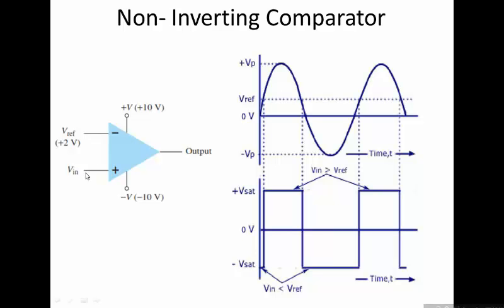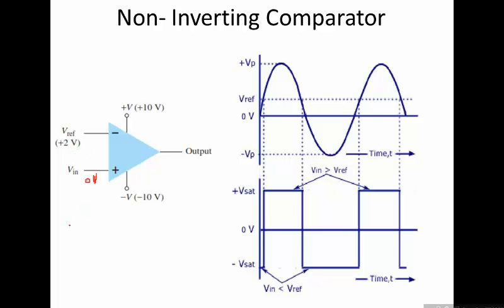So it means that you would have 0 volts at this point, and the voltage at this point would be plus 2.